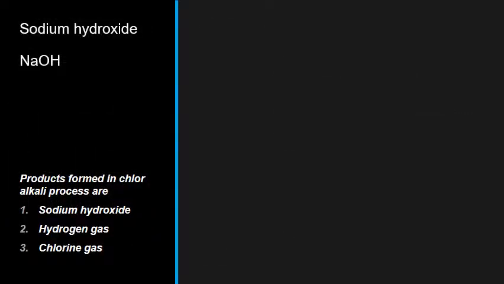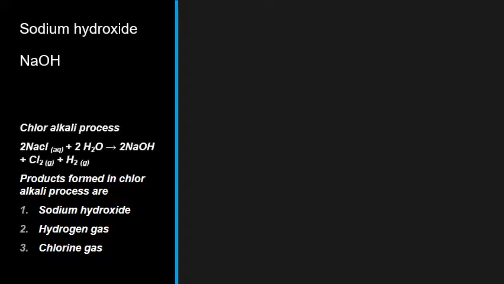First, we'll learn about sodium hydroxide, how it is prepared and what its uses are. Sodium hydroxide, what is the formula? NaOH. How is it prepared? A process called the chlor-alkali process. Very easy to remember, chlor-alkali process. Here aqueous sodium chloride is taken.